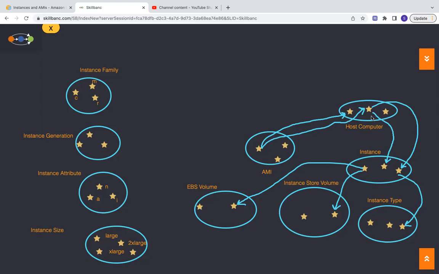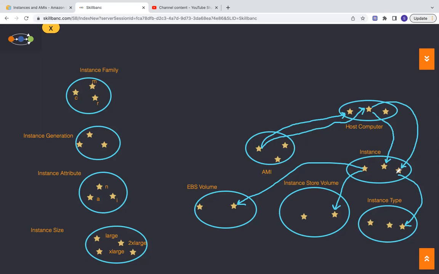On this host computer, we can put these virtual servers called instances, and these virtual servers, these instances, are based on an AMI, Amazon Machine Image. This AMI is used to launch an instance on this host computer.